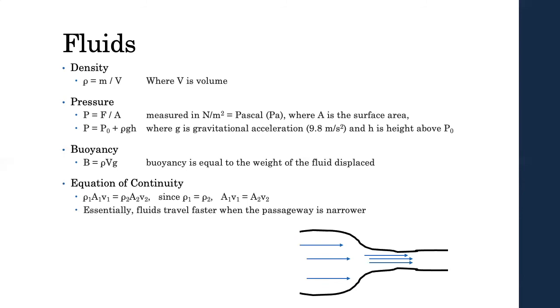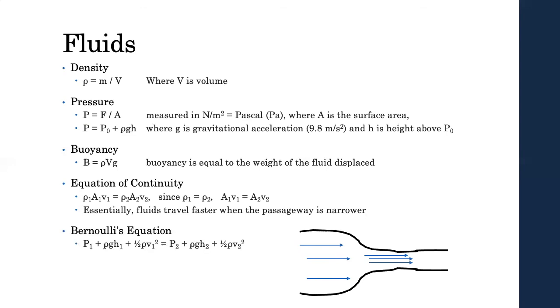What that means is, suppose you had a big old hole in the bottom of a jug, and you were to slap some tape over the hole, and maybe a little tiny crack was left exposed. So now the aperture, the opening, is much smaller. You'd have a much faster jet stream of water pouring out of the bucket there. So fluids travel faster when the passageway is narrower.